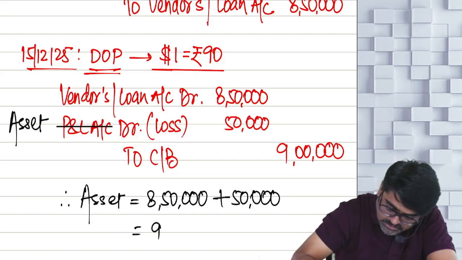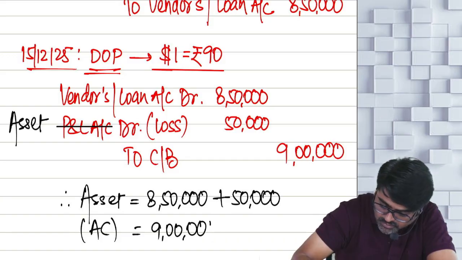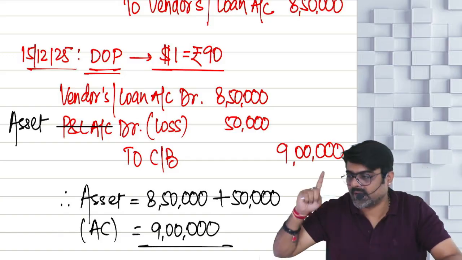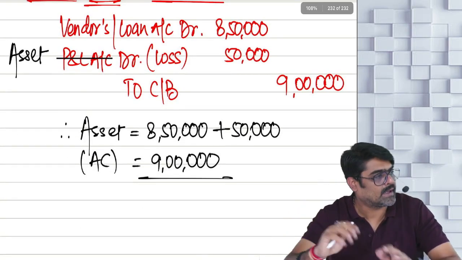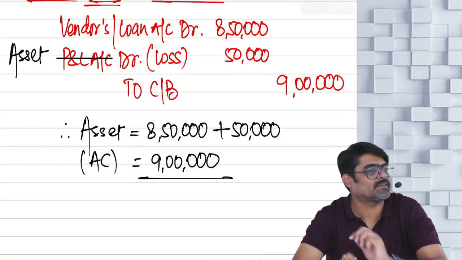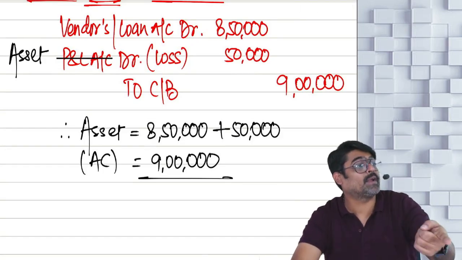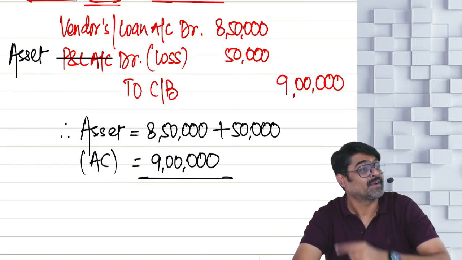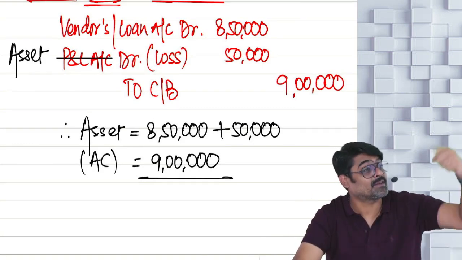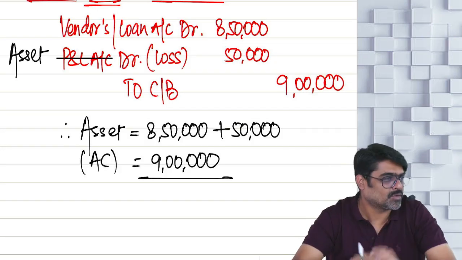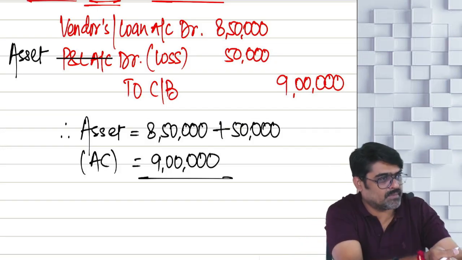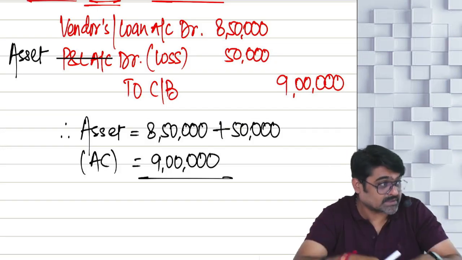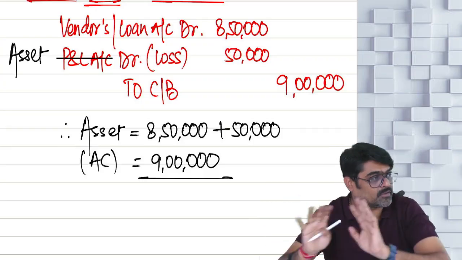And now what is the actual cost of your asset? 9 lakh. So for the purpose of the PGBP head, the actual cost of the asset will be 9 lakh. On this you can claim depreciation. This amount you can claim under section 35. This amount you can claim under section 35AD. So wherever the actual cost of the asset is used, in that cost you will have to adjust the foreign currency fluctuation like this.